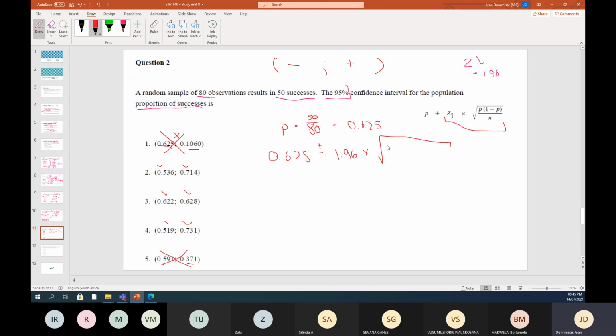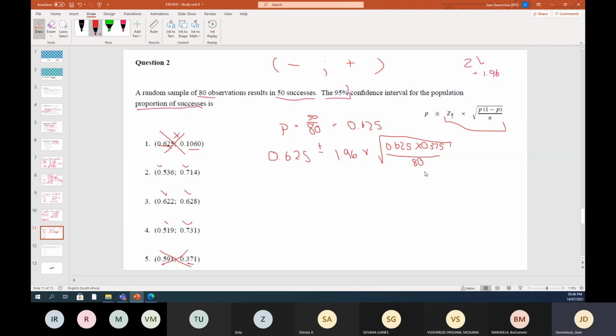The P is 0.625. 1 minus 0.625 is equal to 0.375. 0.375 divided by n, which is 80.